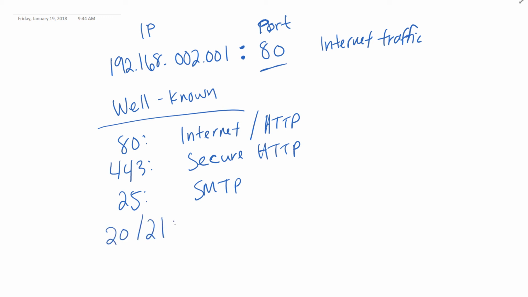And 21, FTP, that's file transfer protocol. 53 is DNS, which is domain name service that translates an IP address into a website name, like google.com. And those are pretty much all we need to know for this class.